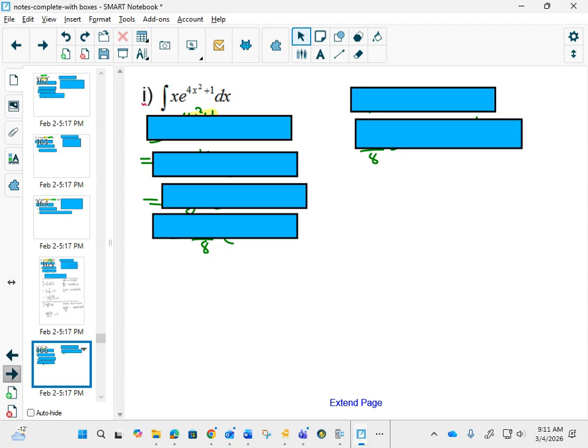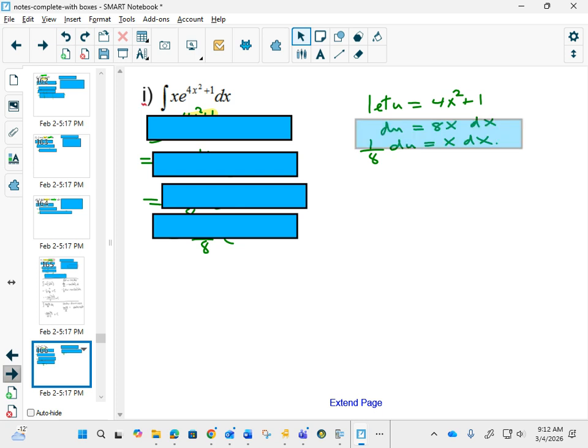So we sort of, in substitution, the coefficients don't really matter. And we'll find that out here, because if I let the u equal the 4x squared plus 1, then when I take the derivative, I get 8x, but that coefficient I can move to the other side and make it 1 over 8.